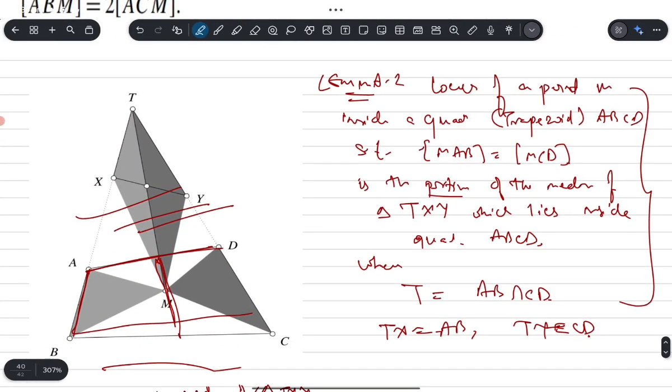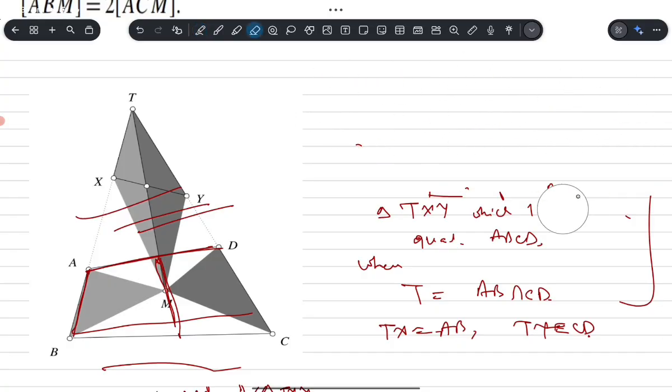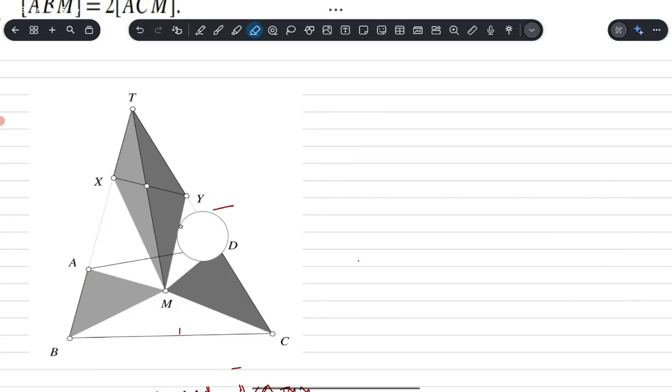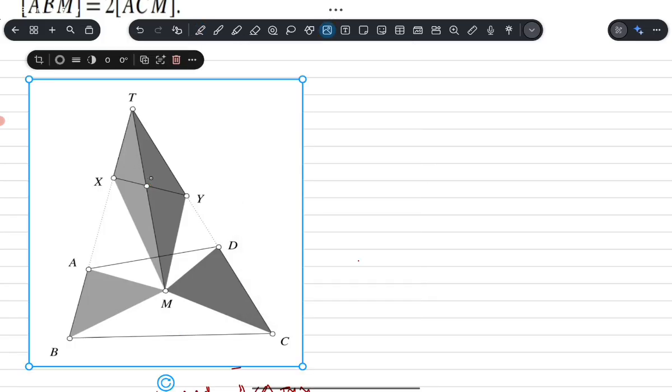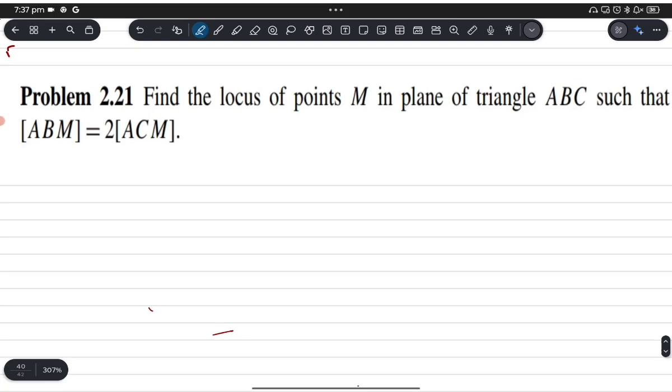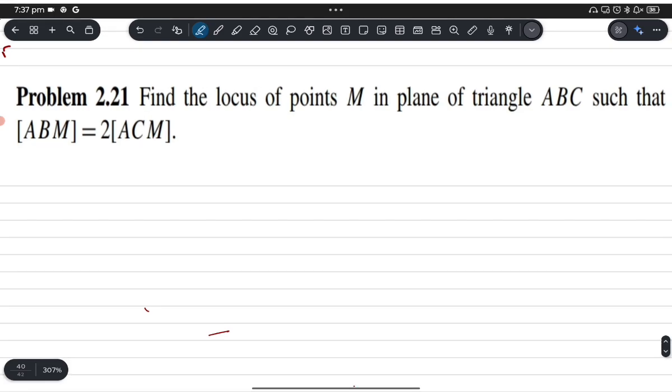Sweet. Now I'll be erasing this actually. We'll be doing the problem, and I'll be deleting the diagram as well. Okay, sweet. So this is a problem that we have. It's an easy one. If you followed the first part, it's an easy problem.